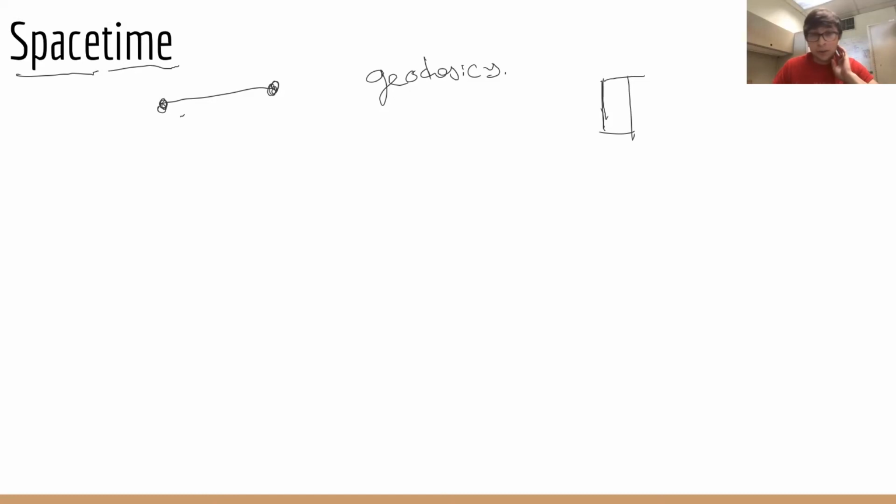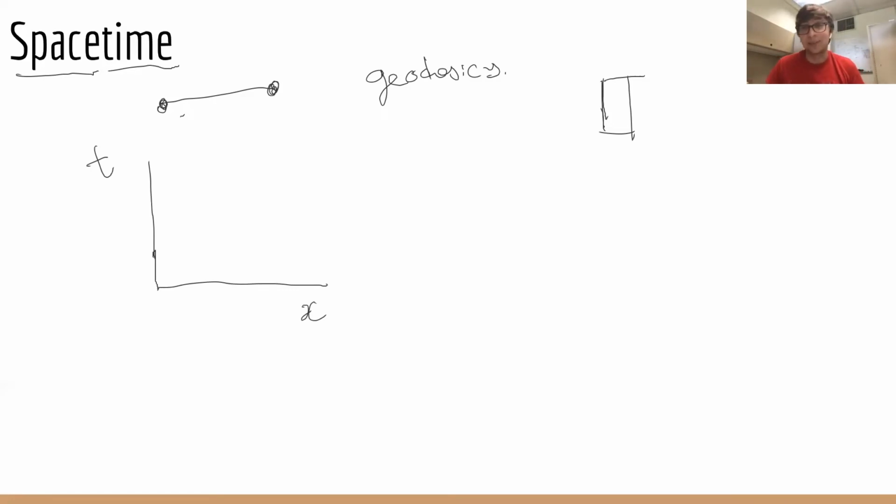Now I'm going to introduce a little bit of language that people use to talk about space-time, because it's so common. People usually draw diagrams called space-time diagrams. For better or for worse, time goes on this axis and space, often called X, goes on this axis.